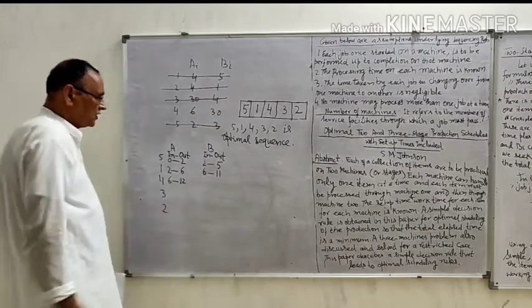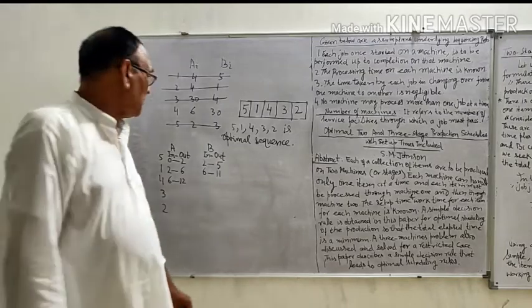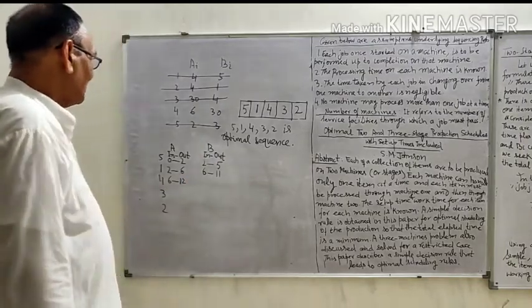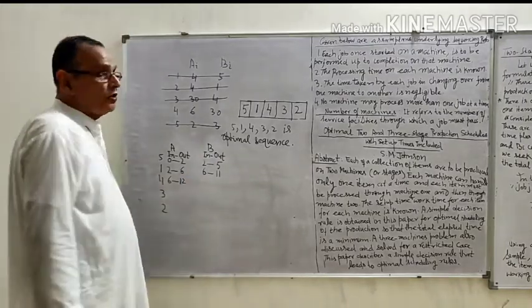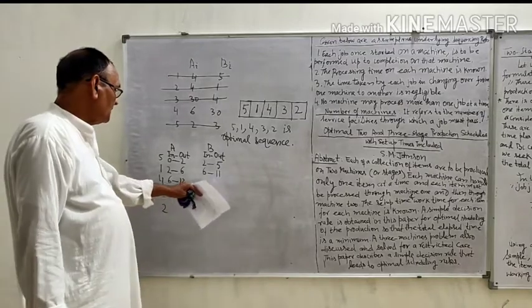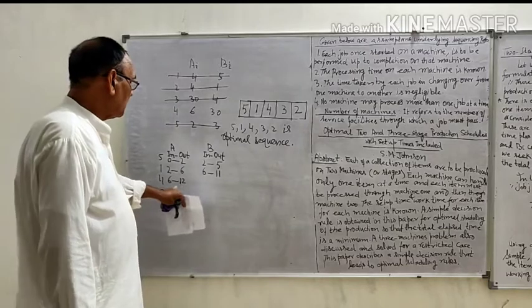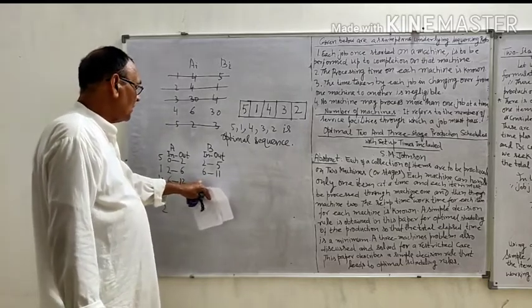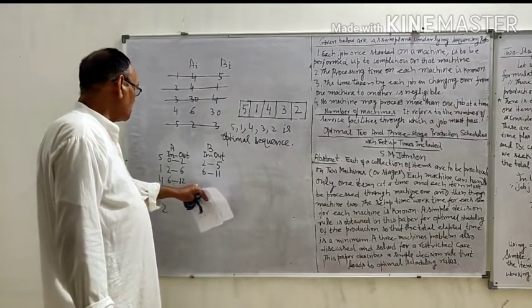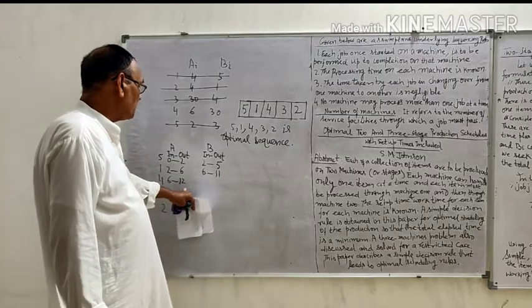And now again you see, machine B is free at 11, but the next job is not free. The next job will be free here by 12. So machine B will remain idle from 11 to 12, or will wait 11 to 12 for the next job to be processed.